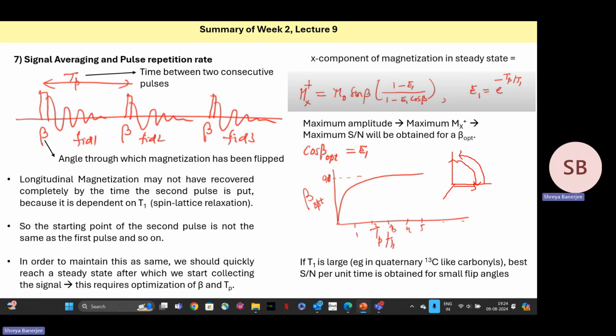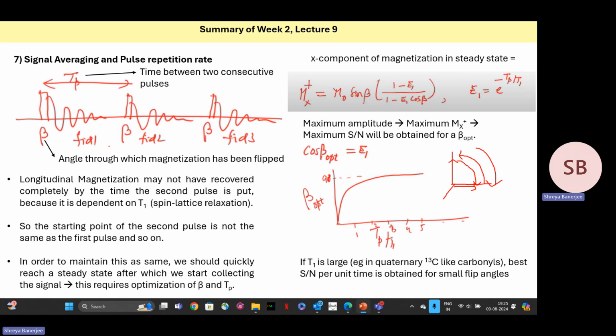Now, suppose we have not given TP long enough. That means before the magnetization is going back, we are again exciting it. If we do it like that, there will be a lot of problems because you are not allowing the system to go back to the equilibrium state, and before that you are exciting it again.